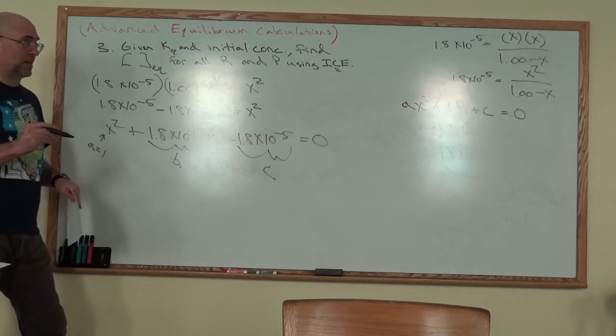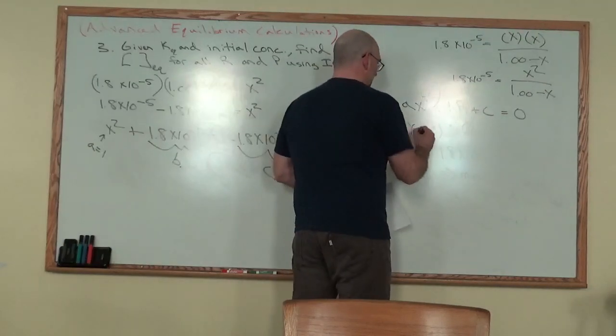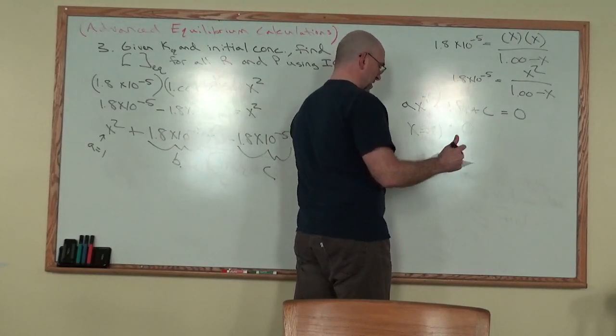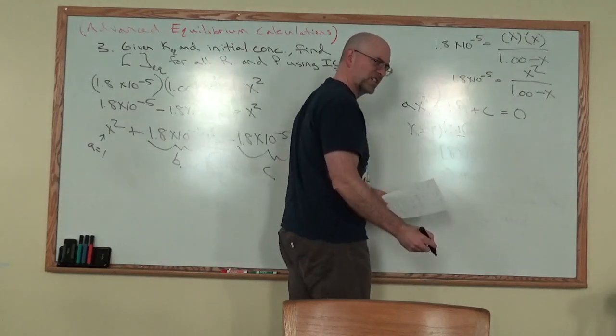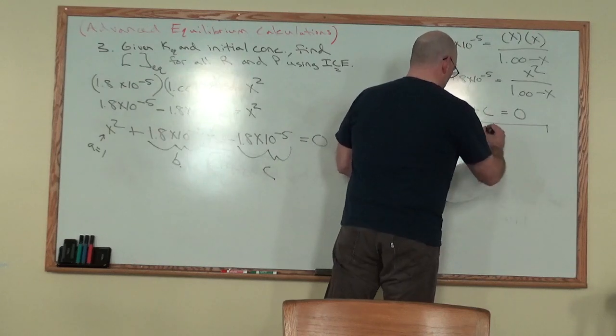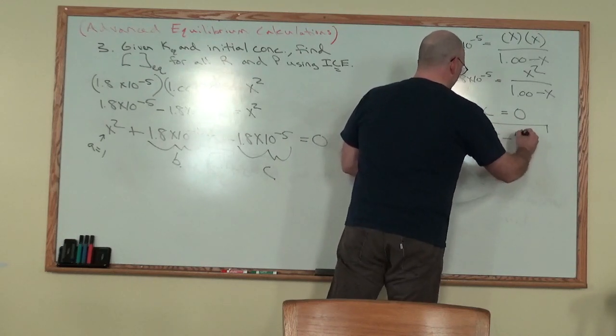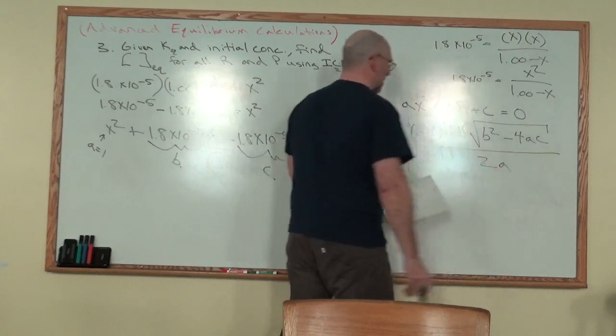Keep track of your units. And you remember the quadratic formula, how you solve it? x equals negative b plus or minus, which we're going to have to think about, the square root of b squared minus 4ac, all over 2a.